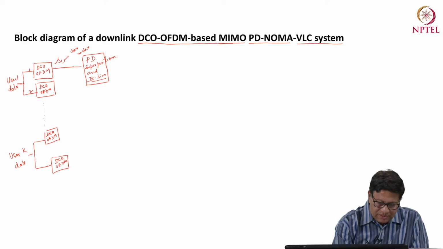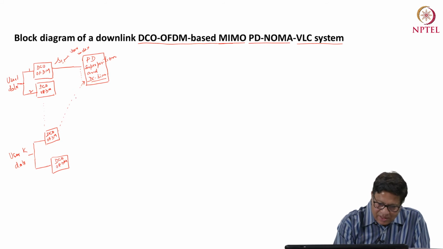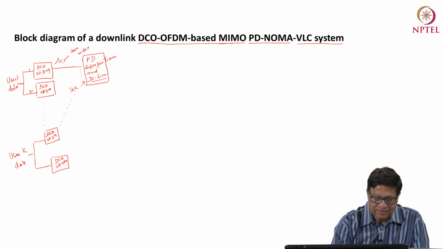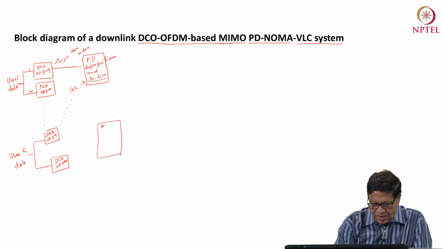So this signal will go to this block, and then there are signals from other users. This is from the kth user, and this will be S1, the first part of the signal of the kth user. Similarly, I am drawing here this power domain superposition and DC bias.